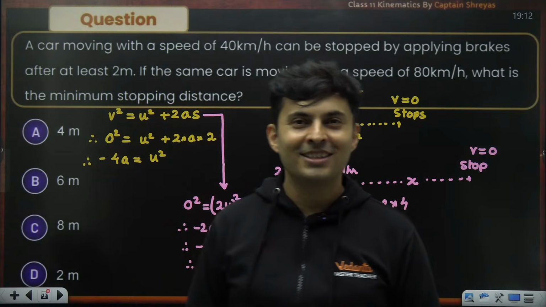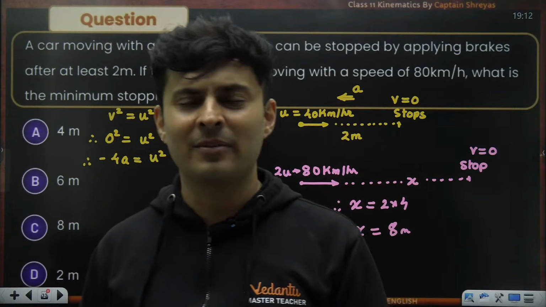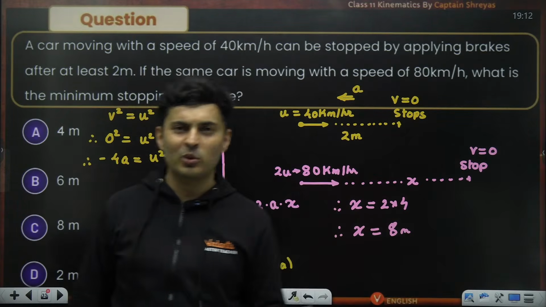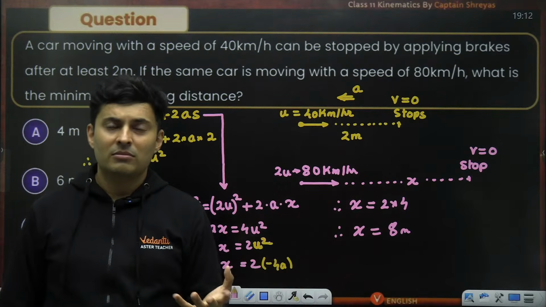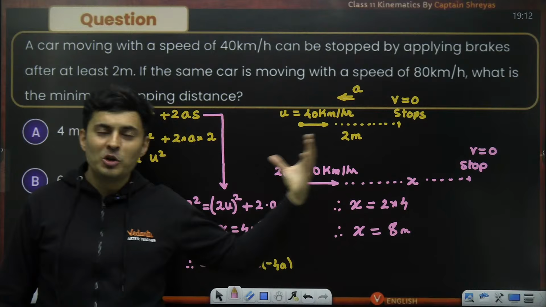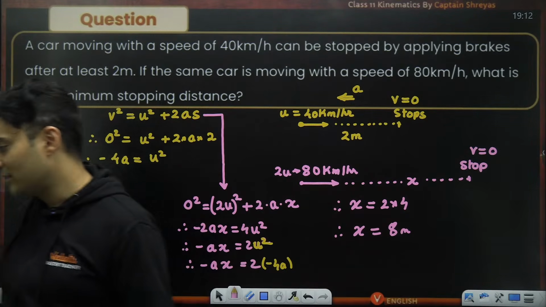Not necessarily, guys. Just because something increases does not mean other things will also increase the same way. It could be root, it could be square, it could be cubic, it could be anything proportional. So this is a very good question on how intuition fails you in real life and why you might hit the other object in real life and encounter some accident.